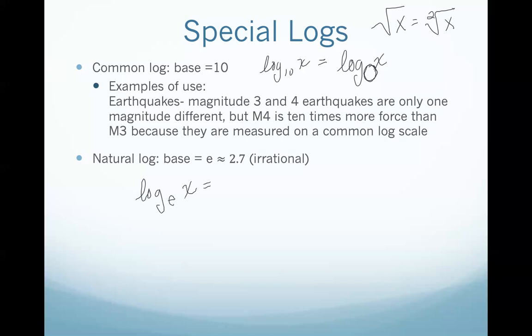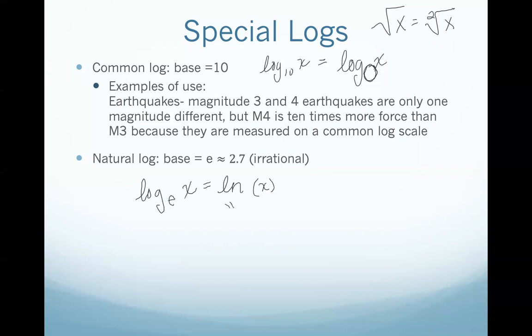It's ln of x. Okay, so in Latin, I believe it is, a natural log, you would read it logarithmic natural. And so ln stands for natural log. Even though it's ln, we do not read that as log natural. Okay, it's the natural log of x.